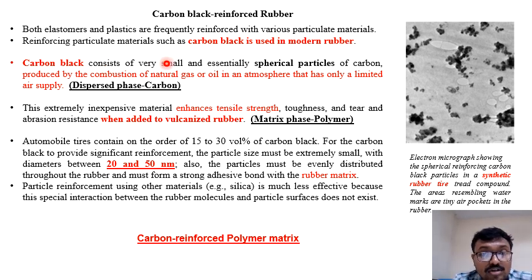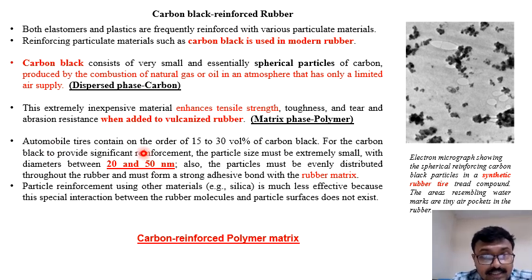Carbon black consists of very small and essentially spherical particles of carbon, produced by the combustion of natural gas or oil in an atmosphere that has only limited air supply. This extremely inexpensive material enhances tensile strength, toughness, and tear resistance when added to vulcanized rubber.